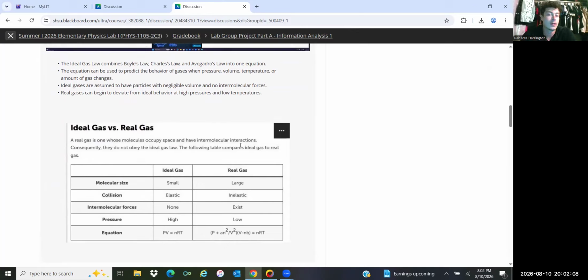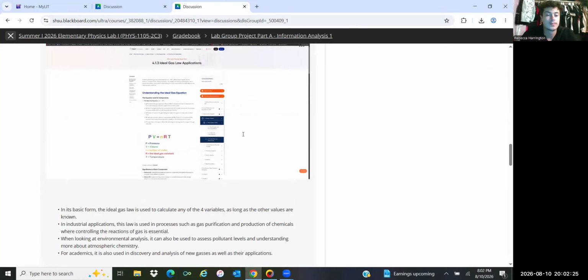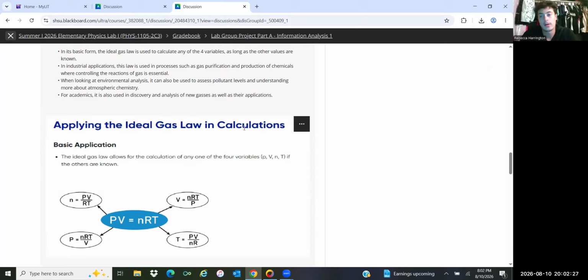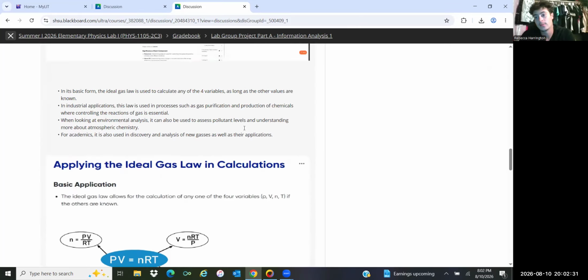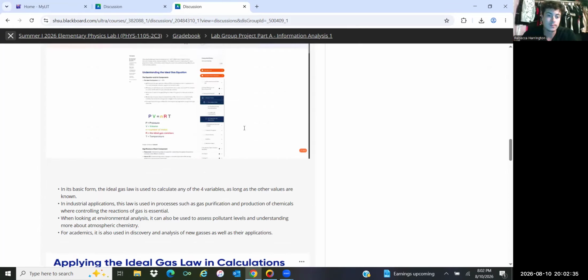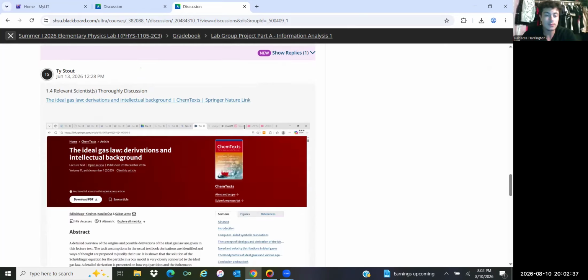The ideal gas law combines Boyle's law, Charles' law, and Avogadro's law into one equation. The equation can be used to predict the behavior of gases when the pressure, volume, temperature, or amount changes. He did a really good job laying everything out and dumbing it down for my small brain. So props to Josh on this.